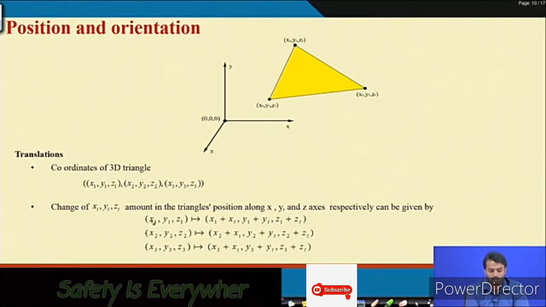So the position will be changed like x1, y1, z1 becomes x1 plus xt, because it is translated by xt in the x axis, similarly yt in the y axis and zt in the z axis. So each of the coordinates will be translated by the amount xt, yt and zt. Similarly for x2, y2 and z2, we can observe this property.